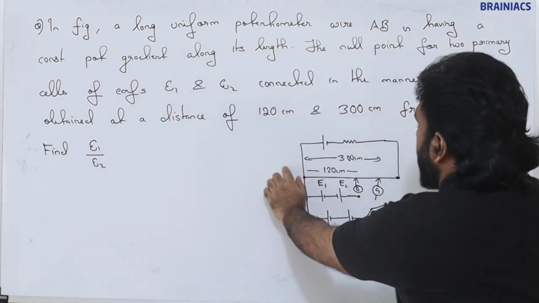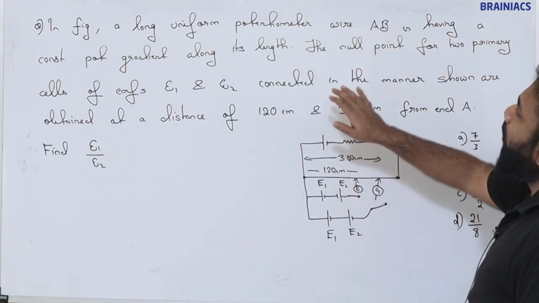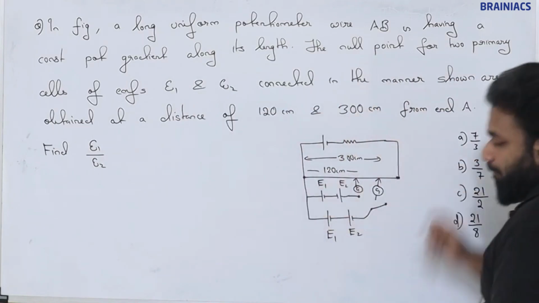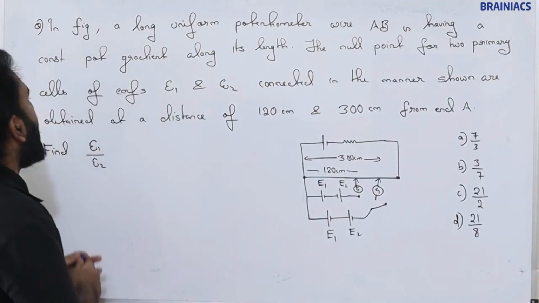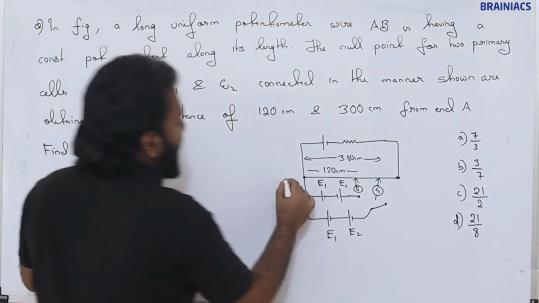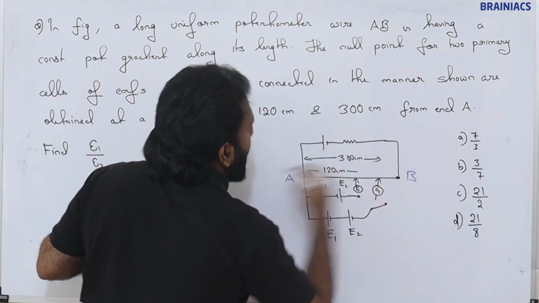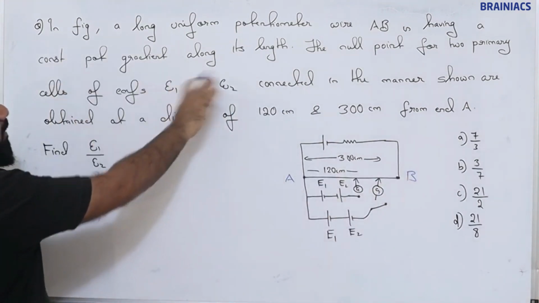In the figure is given a long uniform potentiometer wire AB with constant potential gradient along its length.